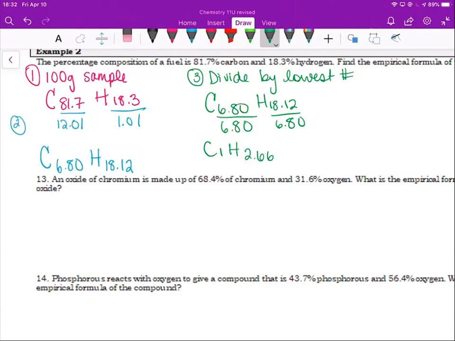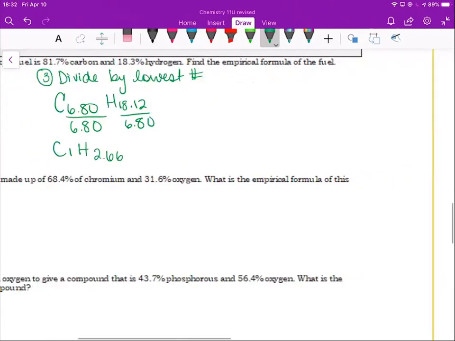You have to be able to look at this and say 2.66, that's like saying 2 2/3, right? 0.66 is close to 0.67, which is 2/3. So we need to have it in, is this proper or improper? I have no idea. I'll be honest, I forget the names of everything.